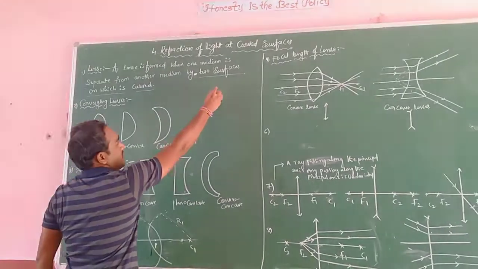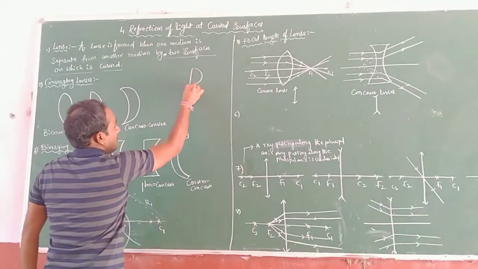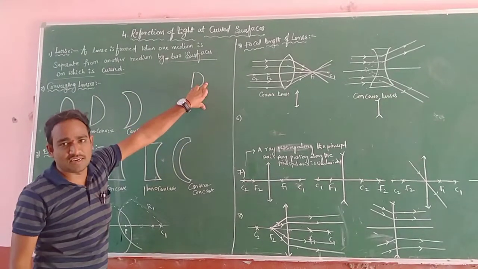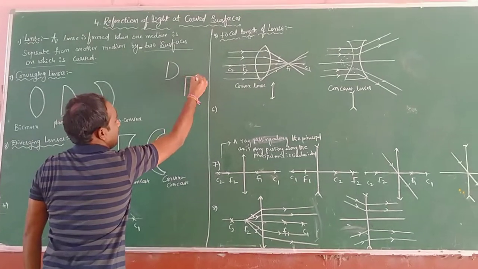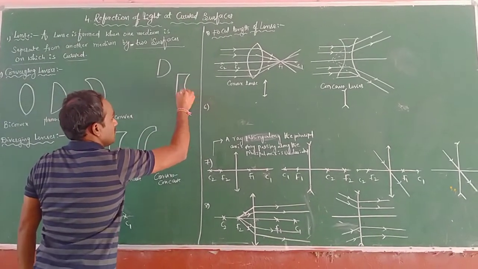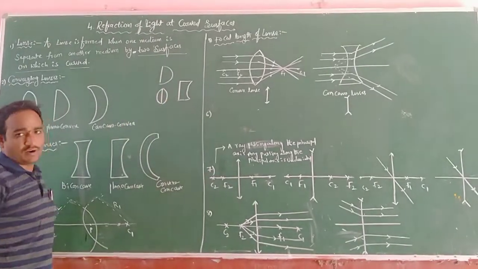For example, I take one lens. One surface is plane, another one is curved. Or another one is two types of curved.